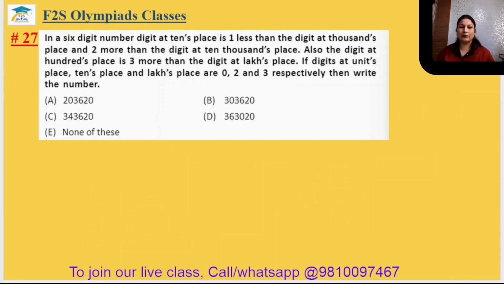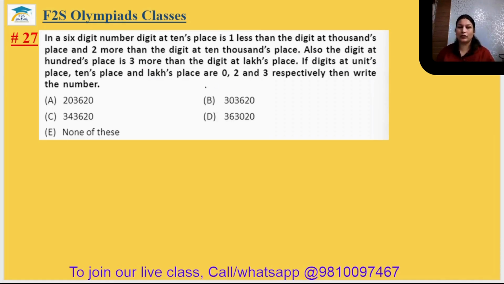Question number 27. In a 6-digit number, the digit at tens place is 1 less than the digit at thousands place and 2 more than the digit at 10,000s place. Also, the digit at hundreds place is 3 more than the digit at lakhs place.